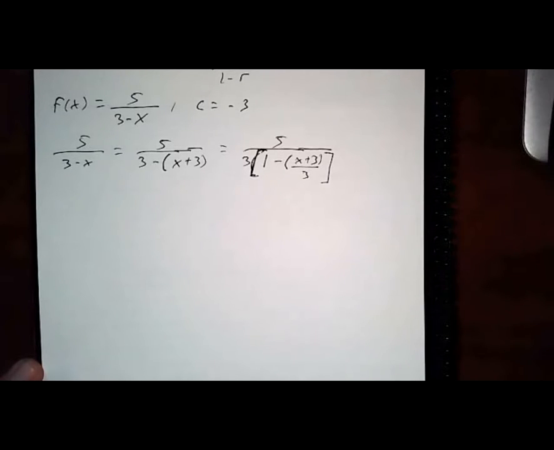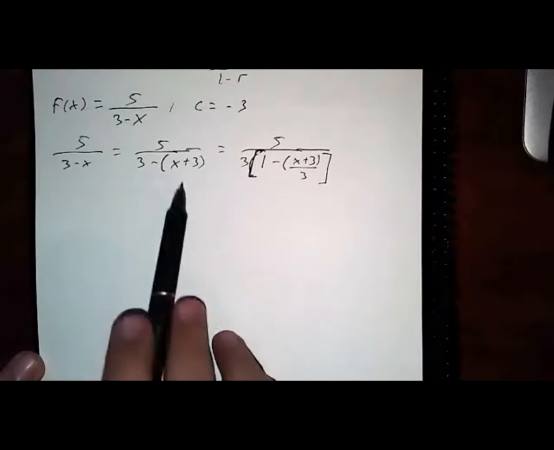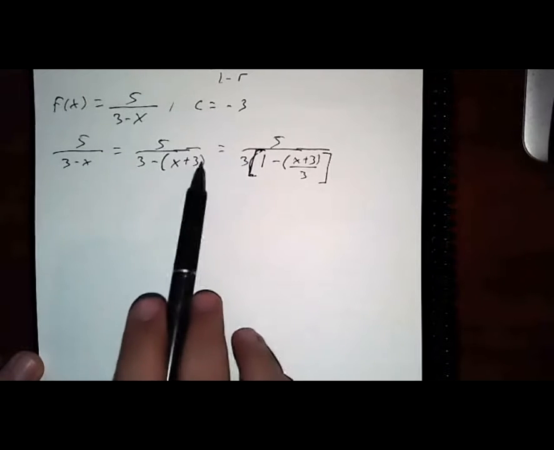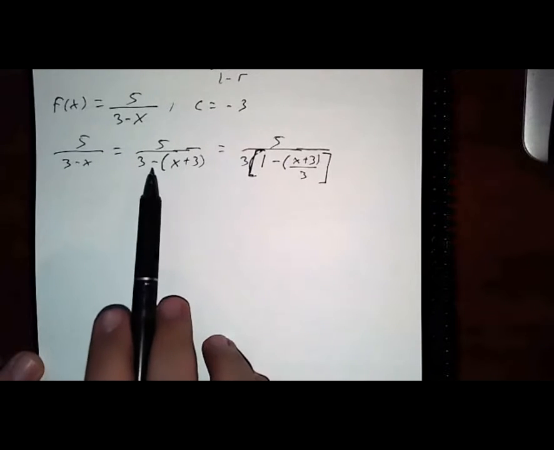Let's see here. But I can't just add a 3 for no reason. So I missed a step here. I kind of cheated. You agree that this is subtracting a 3, right? Because there's a minus in front.